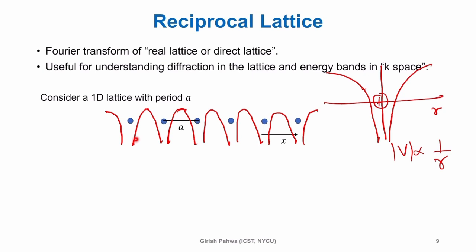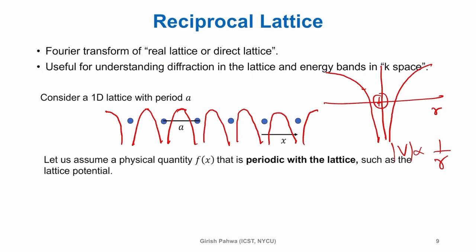What's the periodicity? A. It's periodic with the same period A. So I'm talking about a physical quantity like this. Let's say there is a physical quantity f of x, which can be potential or some other quantity, and it is periodic with the lattice.